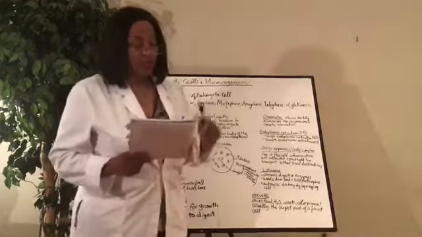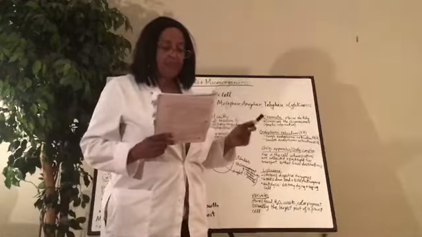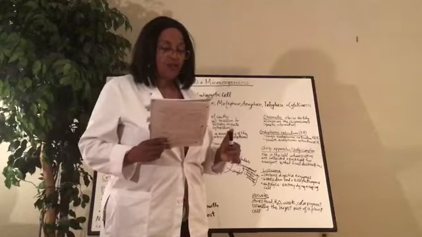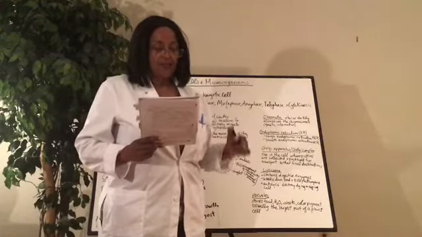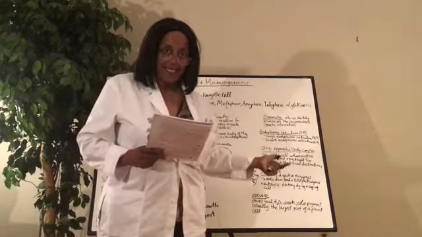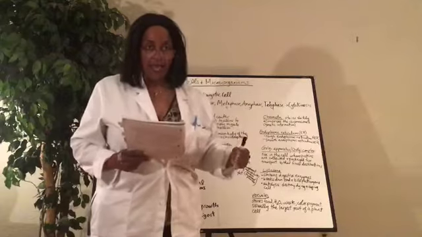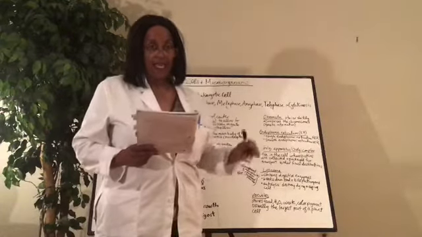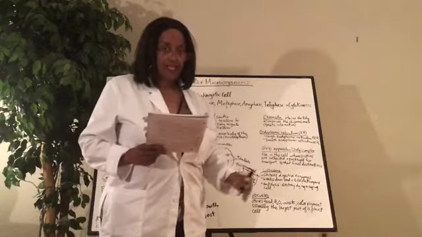Lysosomes also provide a natural defense against bacteria by hydrolyzing the peptidoglycan in the cell walls. And we learned about peptidoglycan last time. We know that certain antibiotics can attack the peptidoglycan in the prokaryote or in the bacteria and kill it.